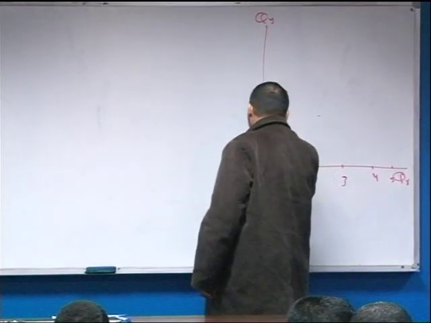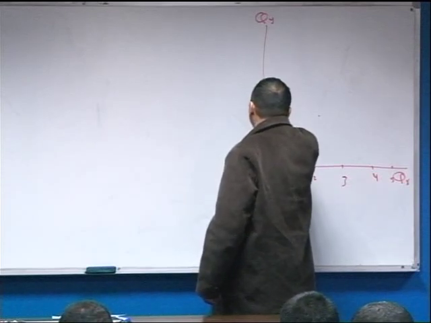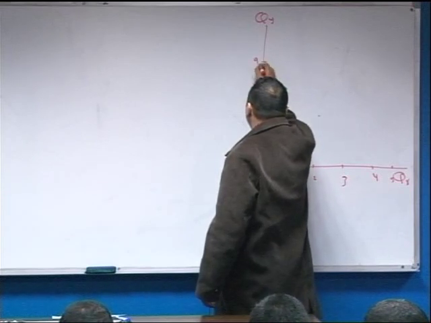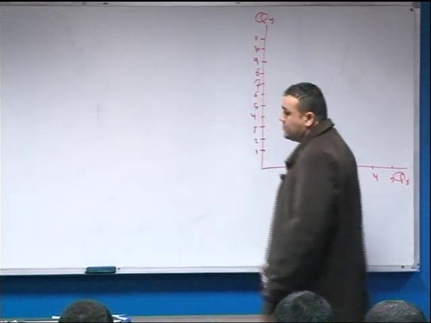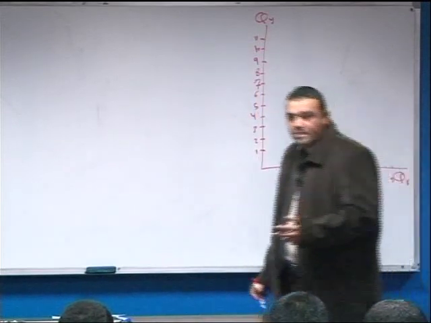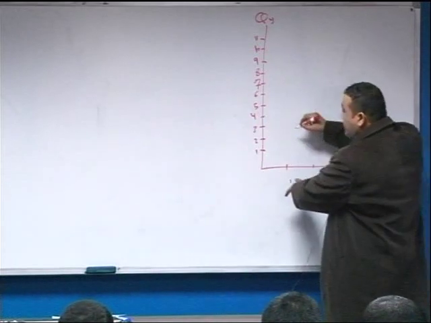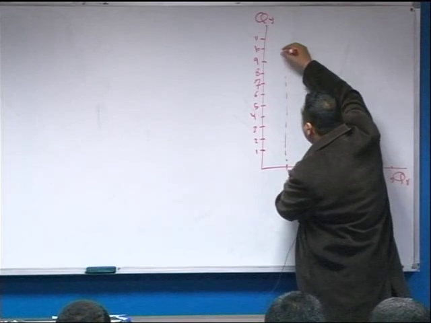At the bundle A, the consumer consumes 1 unit of X and 10 units of Y. So 1 and 10.